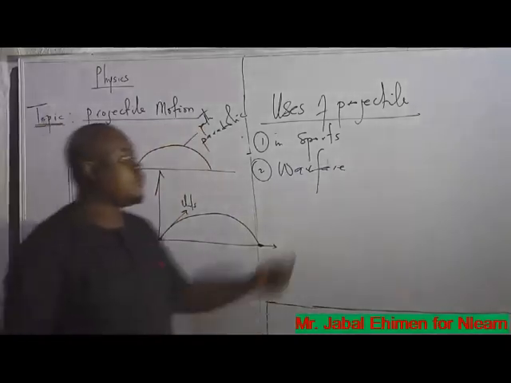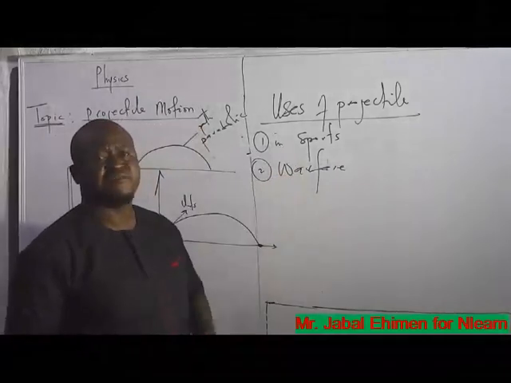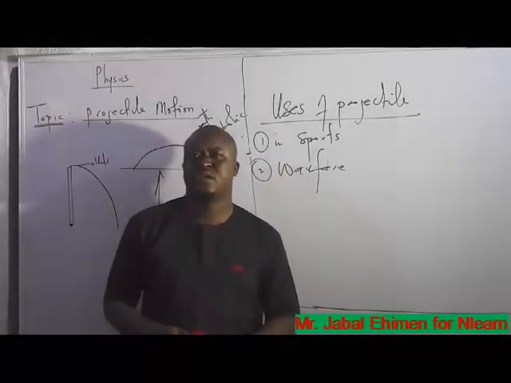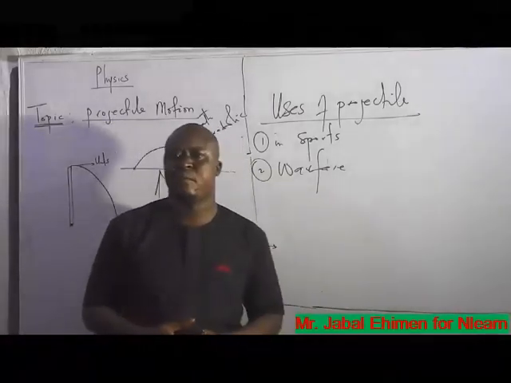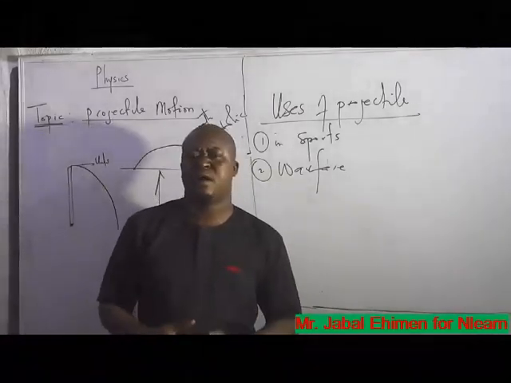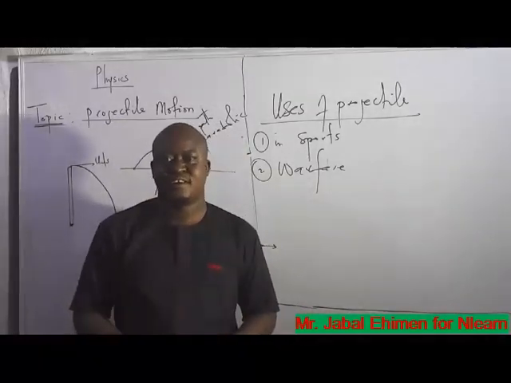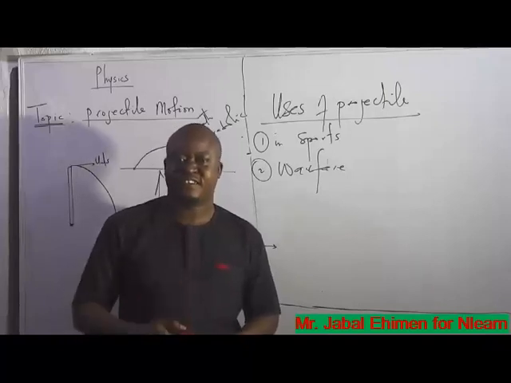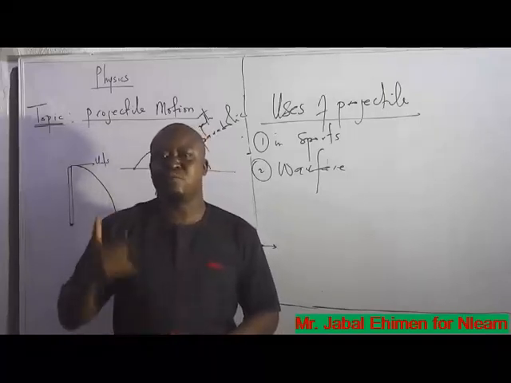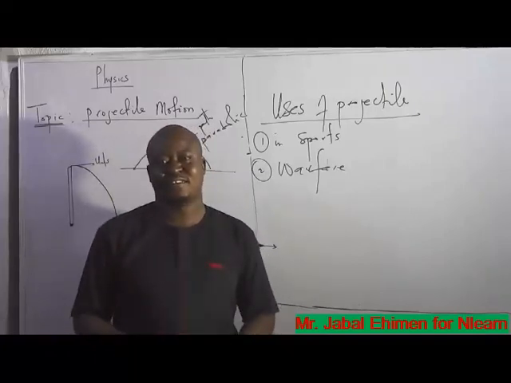Now, I've explained sports, and warfare is a different thing entirely. For example, you have a helicopter, or probably a jet bomber, and you want to bomb a certain target. Before you can bomb that target, you need to know the projectile path at which your missile will move from your bomber to hit that particular target.